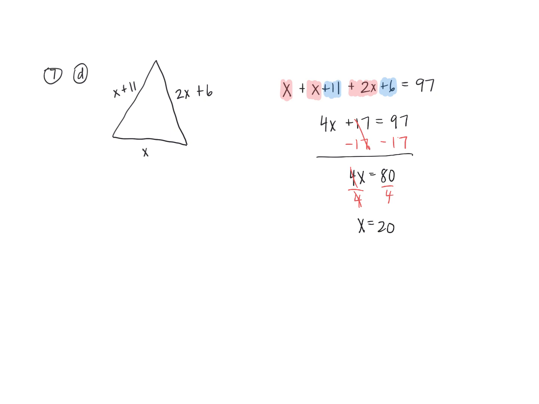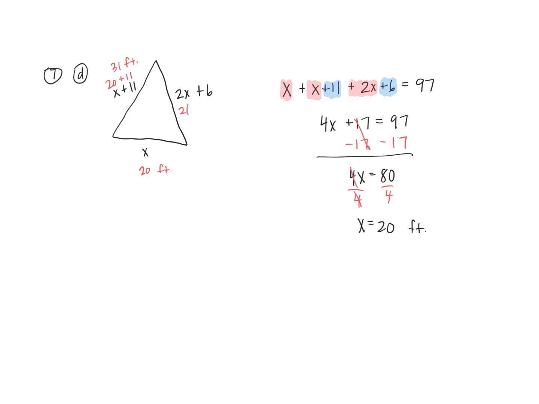It asks us to find the lengths of all sides. We found the length of one side. That's 20 feet. 20 is x, so that one's done. If I plug in 20 for x here, 20 plus 11 is 31. So 31 feet is another side.